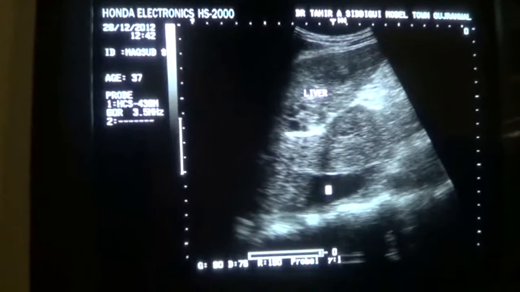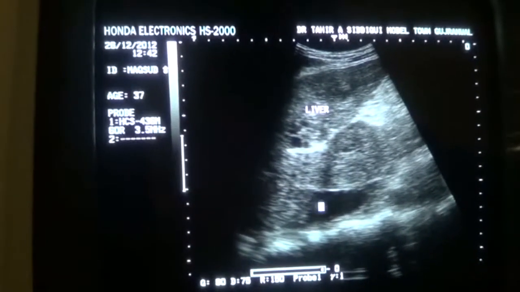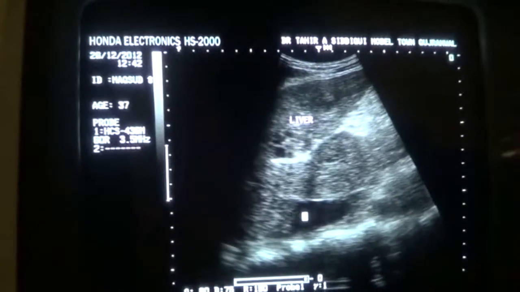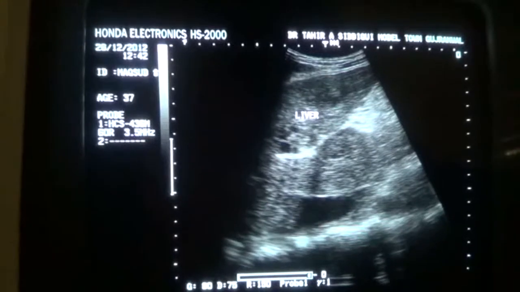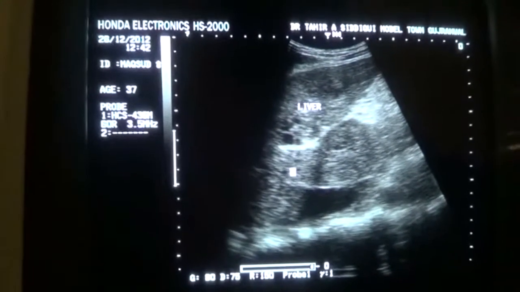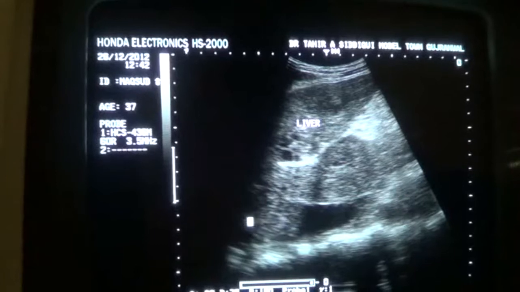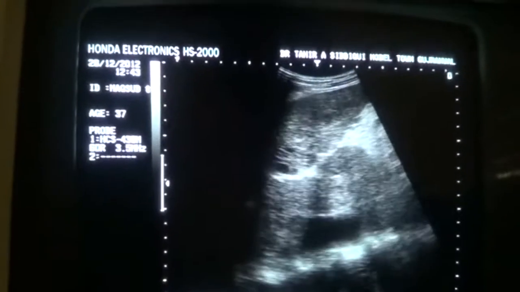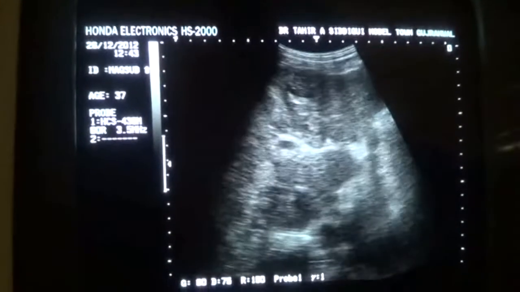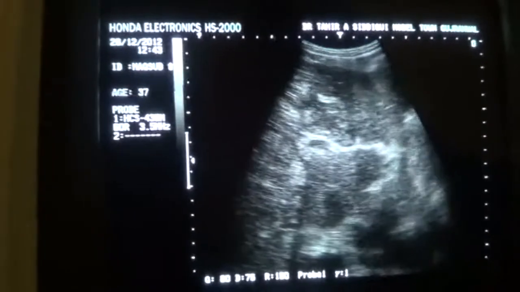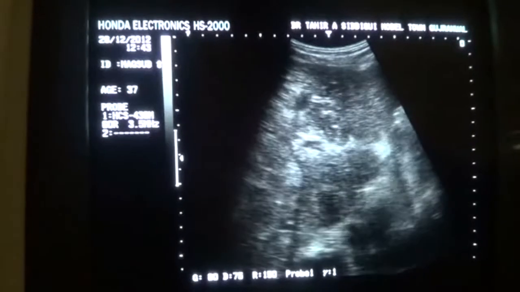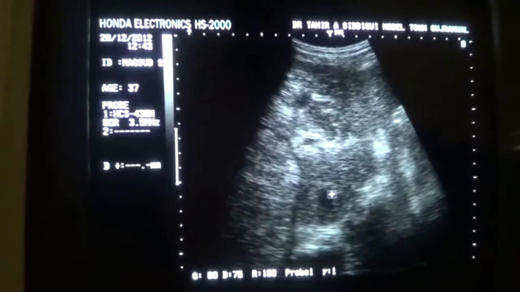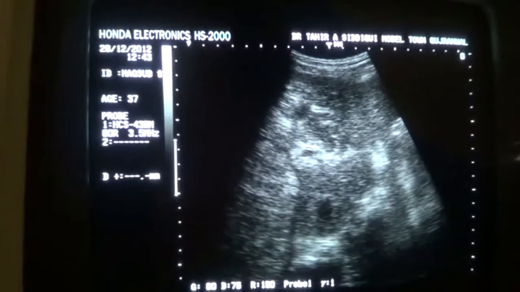This is the inferior vena cava, and this echogenic area that you are seeing within the lumen of this IVC, posterior to the caudate lobe, is the clot within the IVC in longitudinal section as well as in transverse section. Now this is the IVC, this is the clot within the IVC.